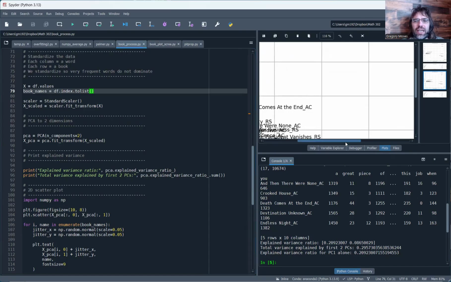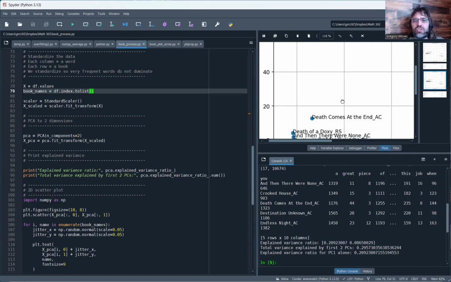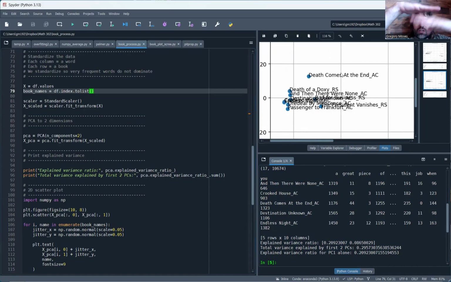Rex Stout and Agatha Christie are just mixed together on this vertical component, which suggests that maybe this second component doesn't have any very easy to understand meaning or interpretation. It's not representing distinct authorial vocabulary, or we'd be able to keep Rex Stout and Agatha Christie separate.